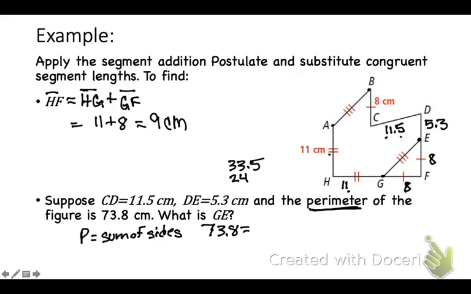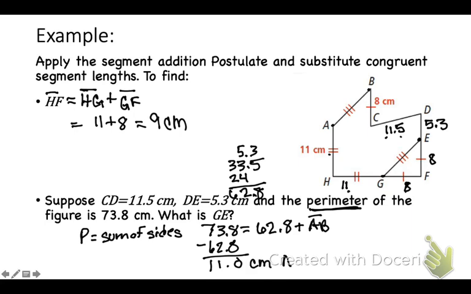And then I have a 5.3. So I get 62.8. So I have 62.8 plus AB. Well, then I would subtract 62.8, so 11 centimeters equals segment AB.